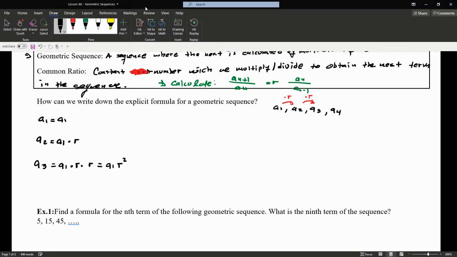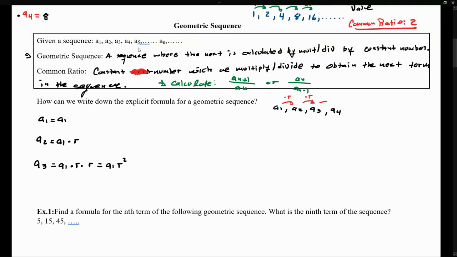Well, to get to the next term, again, all we can do is get the third term and multiply by another ratio. Or we could say that it is the first term times 1, 2, 3 of those ratios, which is equivalent to the first term times r to the third.